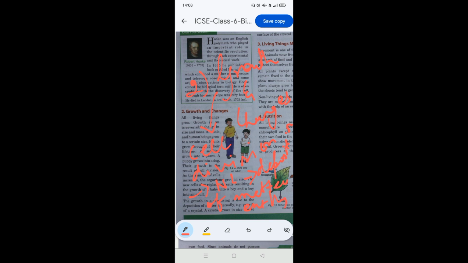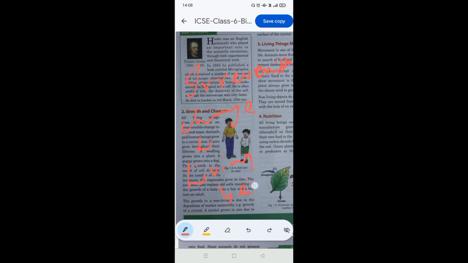right? So thus there is a huge difference between non living growth and what we generally define as living growth. I'm not saying that there are two different types of growth, non living growth and living growth, but growth is a process which is an irreversible change, which takes place in case of living beings.